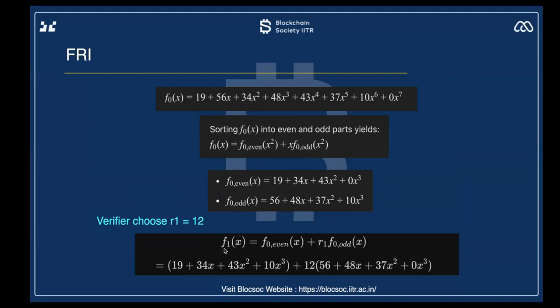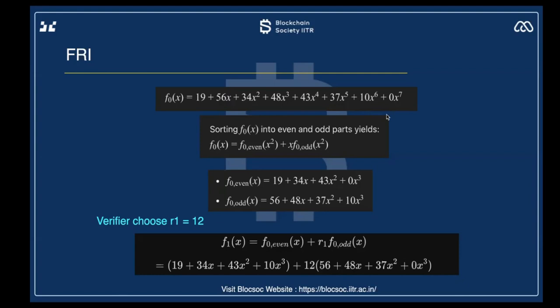This is the expression of the new polynomial the prover generates: f1 of x equals f of even x plus r1 into f of odd x. As you can see, the degree of this polynomial is 3, but the degree of the original polynomial was 6. So we were able to reduce the degree of the polynomial by half. And that's the core intuition of the FRI technique.